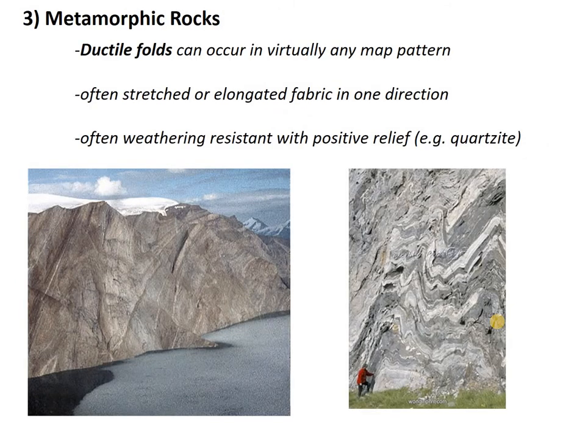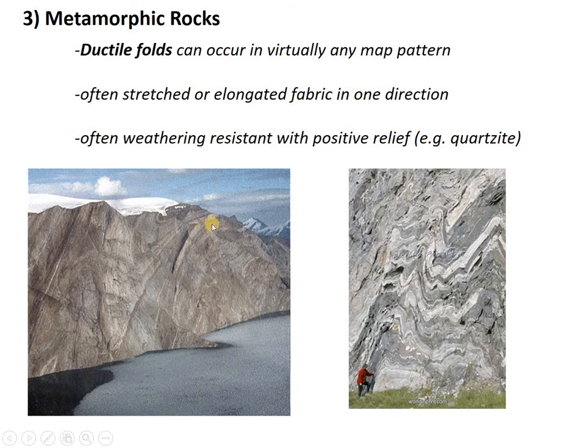Okay, metamorphic rocks are really quite complex and are kind of difficult to summarize in this short video. They tend to have ductile folds or elongated, stretched fabrics. So they can look like almost anything. They can look somewhat like sedimentary rocks if you're catching some of these fabrics.